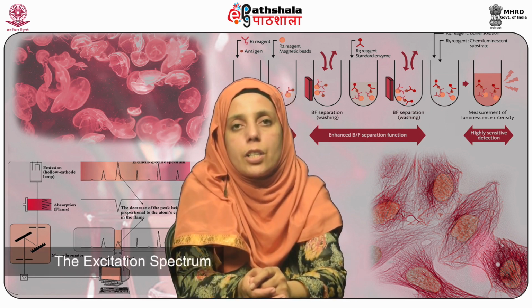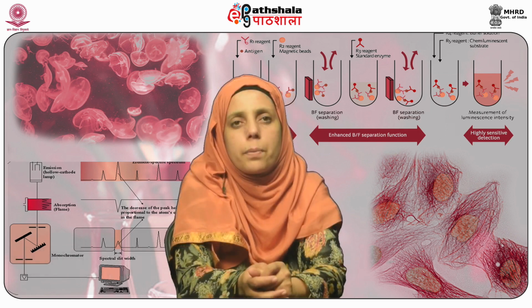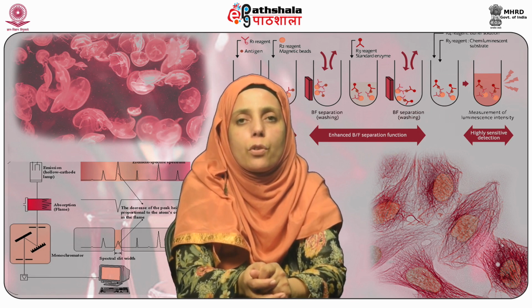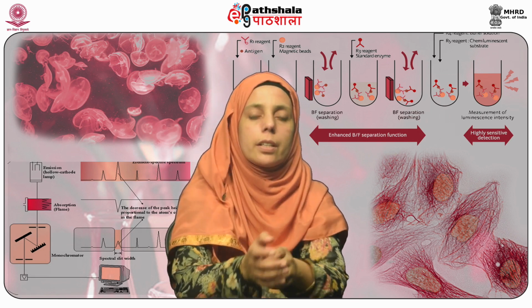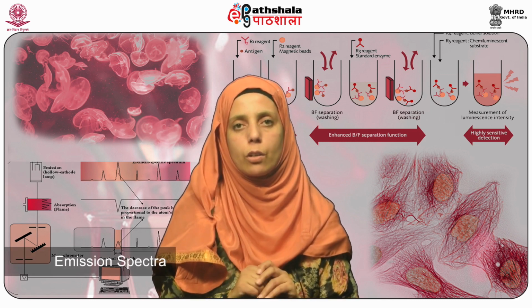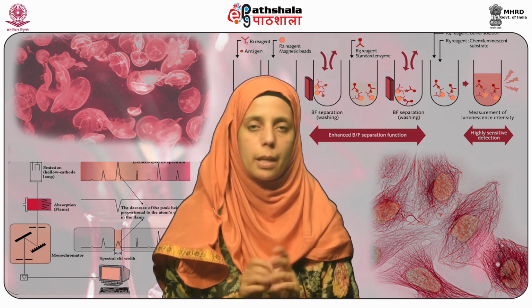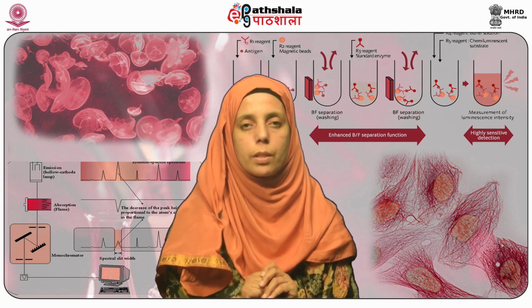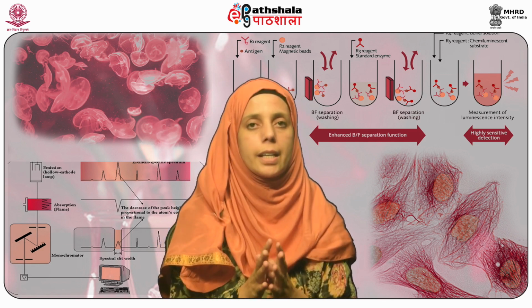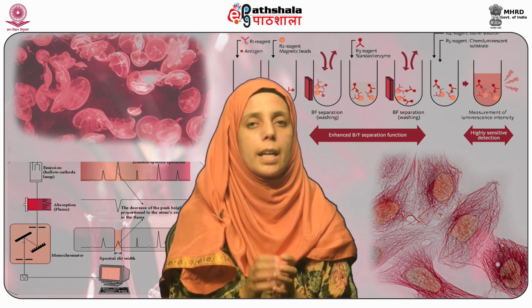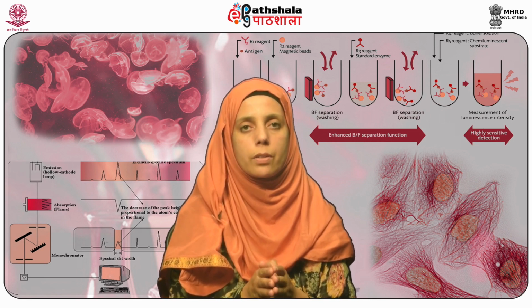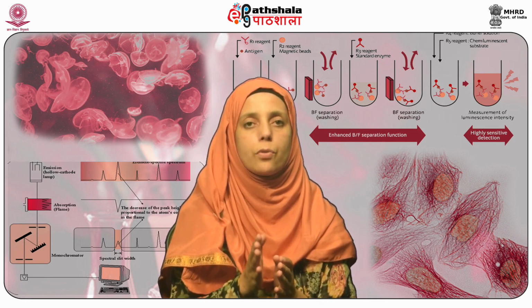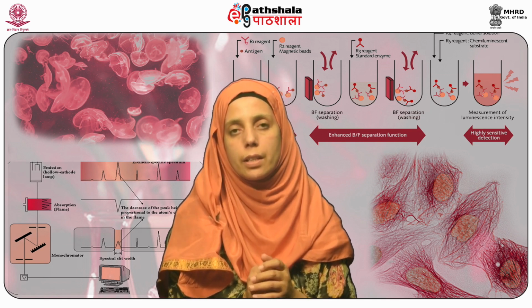Similarly, the excitation spectrum represents the relative emission of the fluorophore at each excitation wavelength. Emission spectra recorded on different instruments can be different because of the wavelength dependent sensitivities of the instrument. In an ideal case, the recorded excitation and emission spectra would represent the relative photon intensity per wavelength interval.